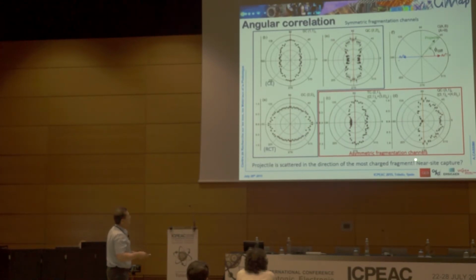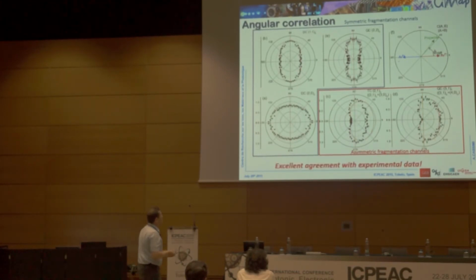For the asymmetric fragmentation channel, we do see a left-right asymmetry, and this is the sign that the projectiles are more scattered on the side of the most charged fragment rather than on the side of the lowest charged fragment. If you compare to the calculation, which is the red line, the agreement is surprisingly good, even for the asymmetric one, with a small disagreement for this channel. But for the other fragmentation channel, the agreement is fairly good.